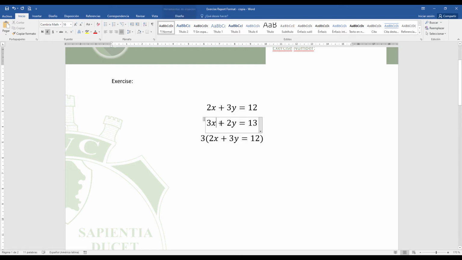And the second one I will multiply by 2. So in that case you will get 6x and 6x, but remember you need to change the sign of the coefficient. You can decide which will be negative. It's the same, for example the first one.